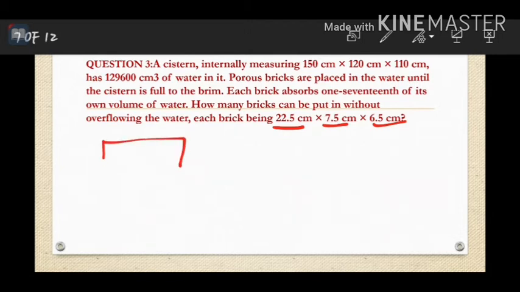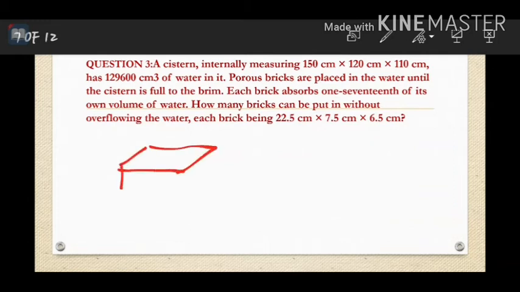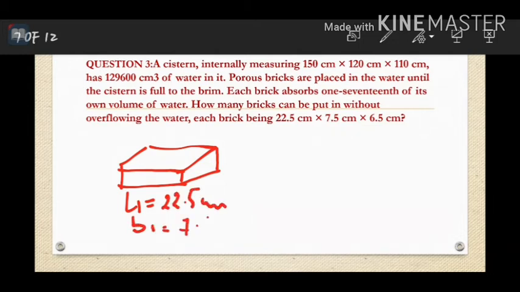Again, the brick is in the shape of a small cuboid. For these bricks, length I am considering as L1 is equal to 22.5, breadth is equal to 7.5 and height is equal to 6.5 centimeter.